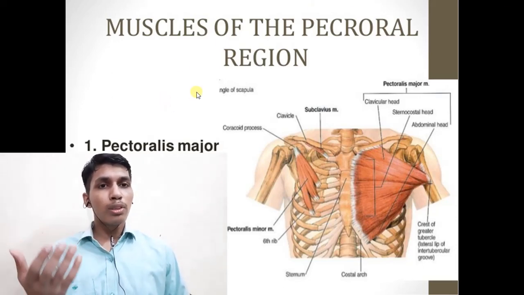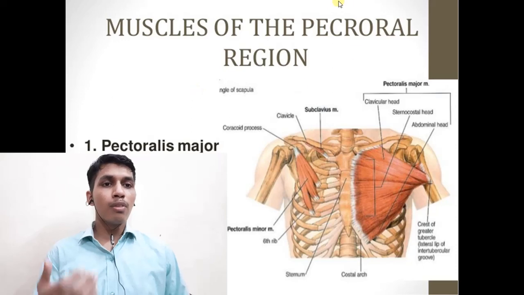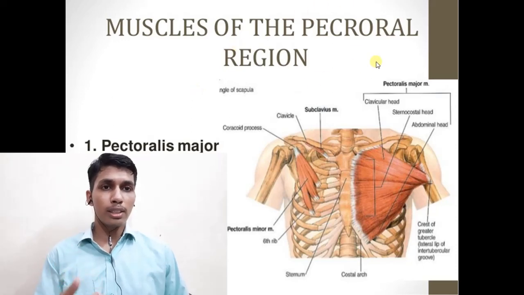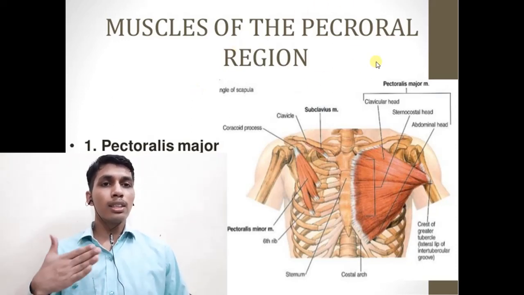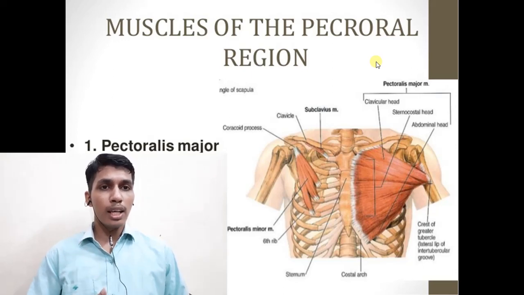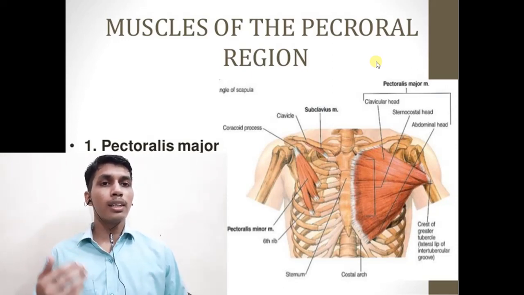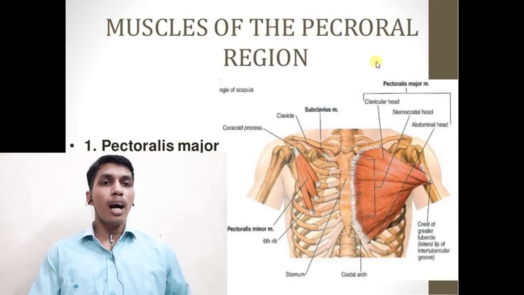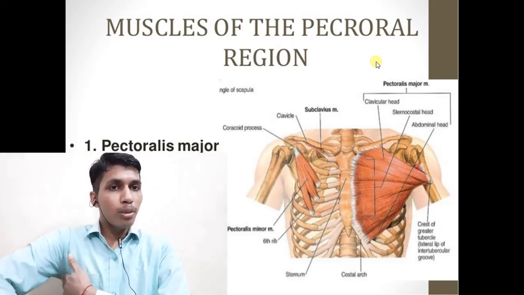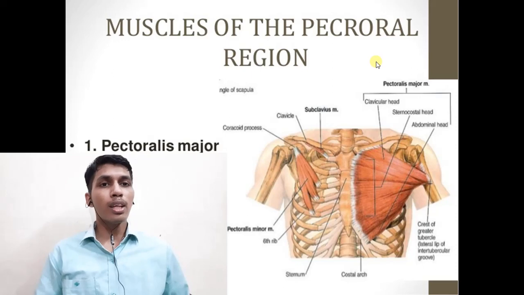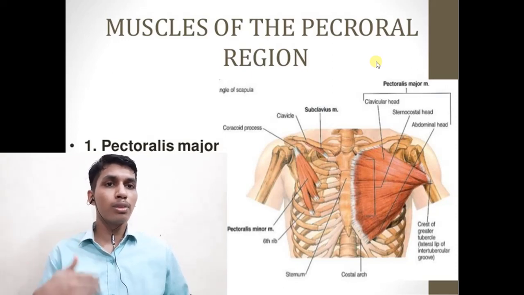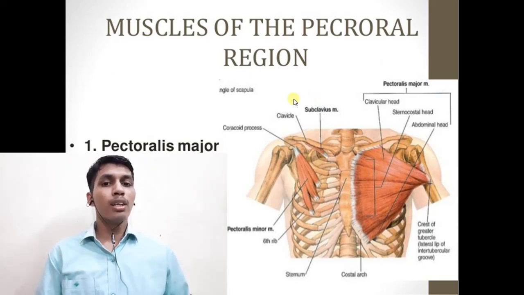Before going to the muscles of the pectoral region, we must have knowledge about the pectoral region. The pectoral region is the region in front of the chest, and it essentially consists of the structures that connect the upper arm with the anterolateral chest wall, and it pertains to the chest or the breast.